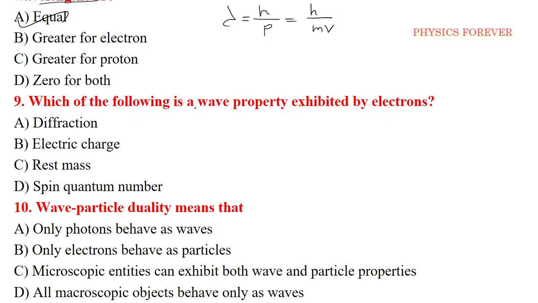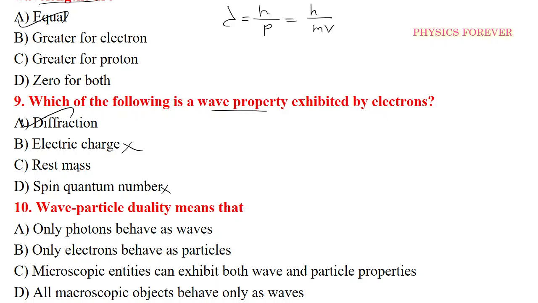Which of the following is a wave property exhibited by an electron? This is a simple one based on the previous question. It should be diffraction. Electron charge is not related, and spin quantum number does not apply.